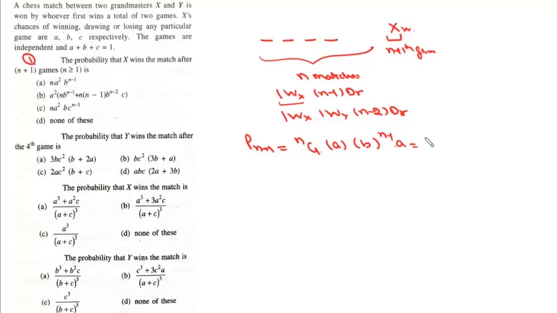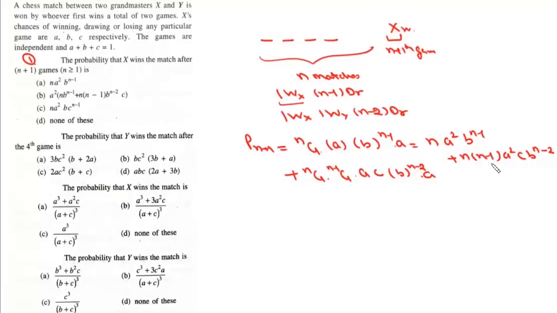So it will be n times A square B to the power of n minus 1, plus the second case: 1 win nC1, 1 win for Y, n minus 1 C1, with A, C, B to the power n minus 2 and again the n plus 1th win A, so plus n minus 1 A square C B to the power of n minus 2.